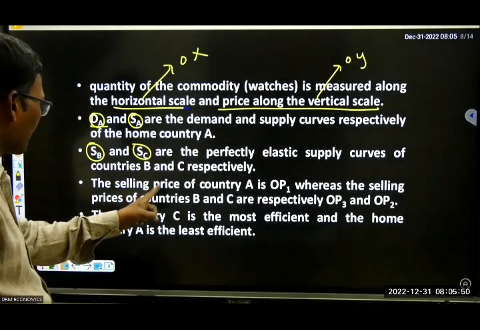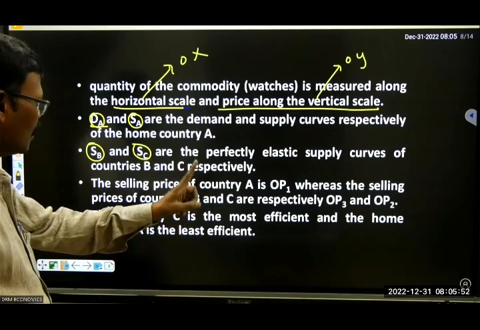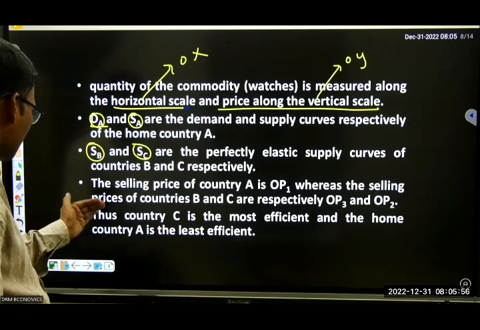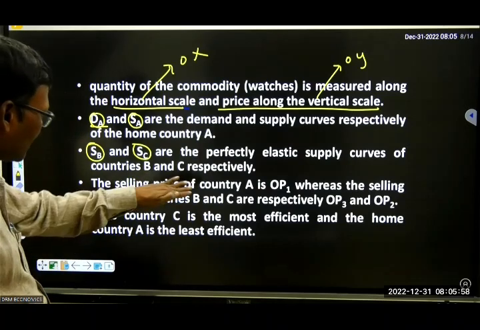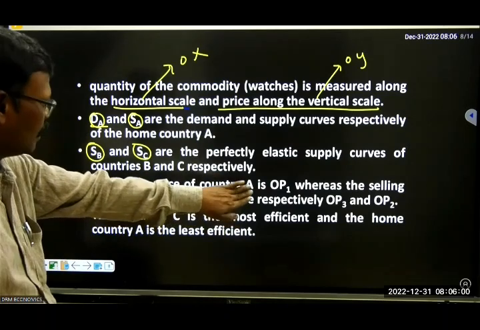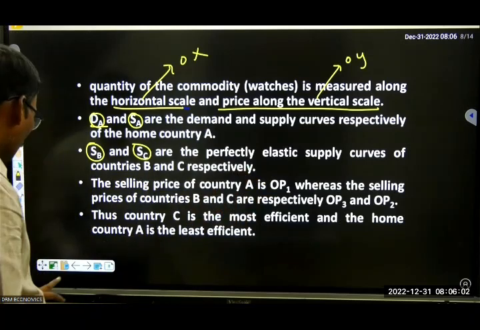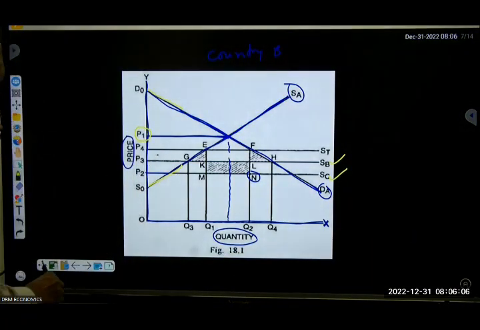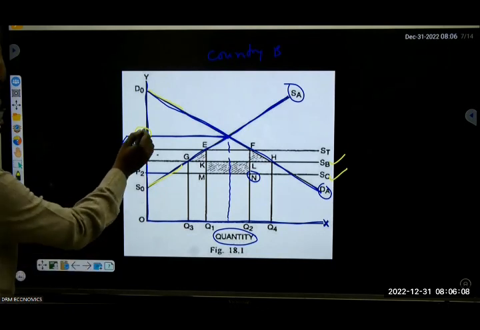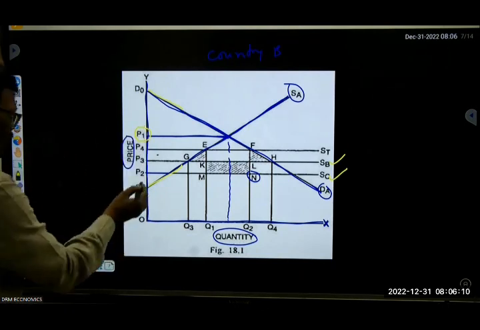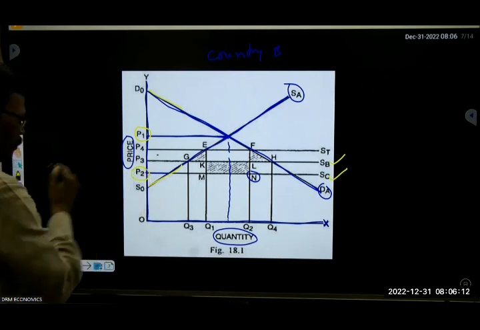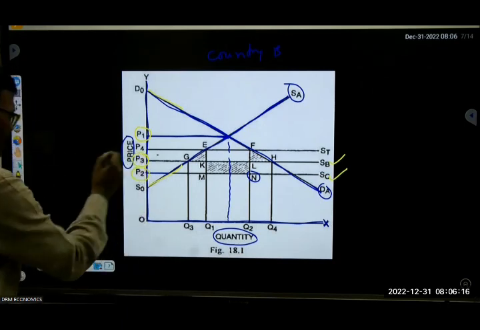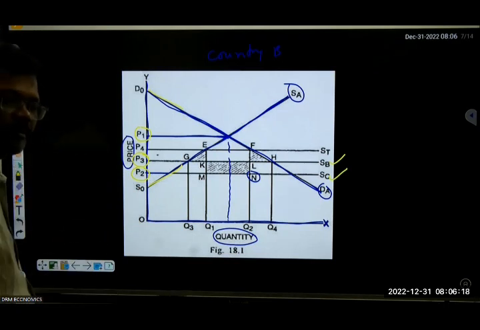The selling price of country A is OP1, whereas the selling prices of the countries B and C are respectively OP2 and OP3. So this is the home country price. That is country A, India. This is country B, take for example Bangladesh. This is country C, take for example Nepal.